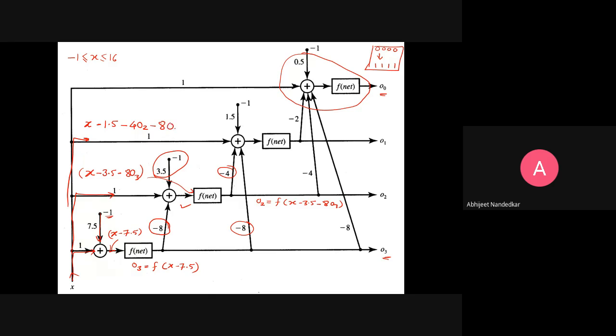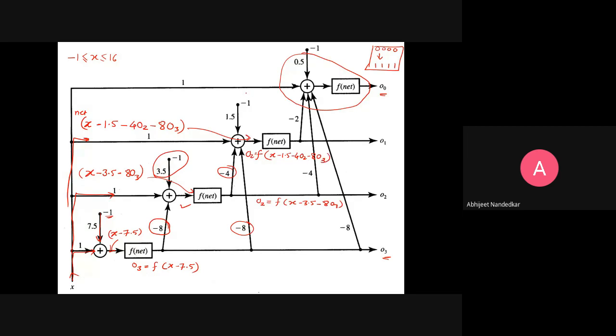Is that right? Okay, so this is the net going to this particular neuron, and the output O1 is a function of x minus 1.5 minus 4 O2 minus 8 O3.